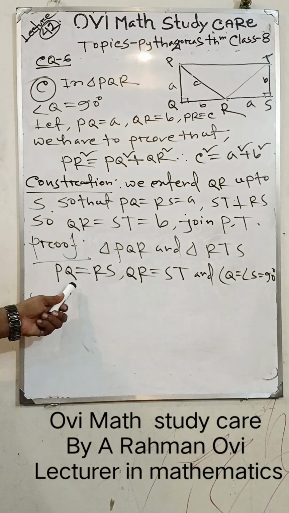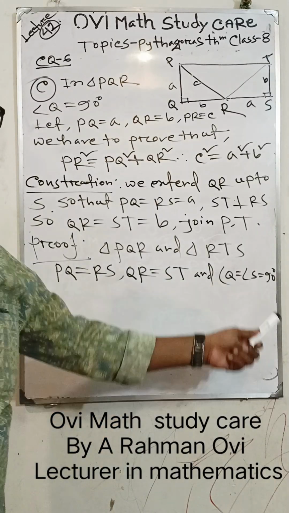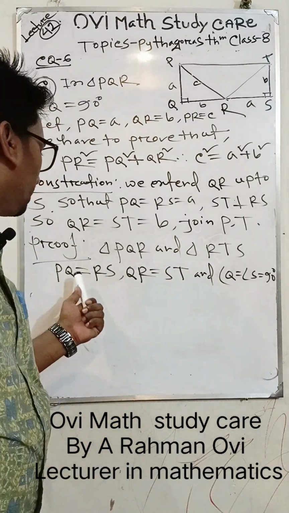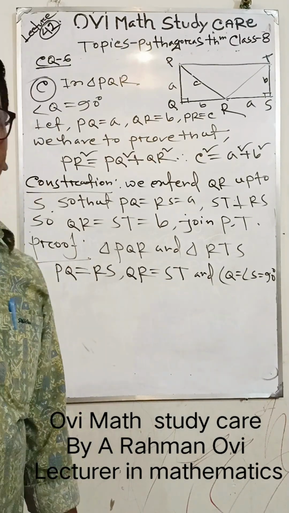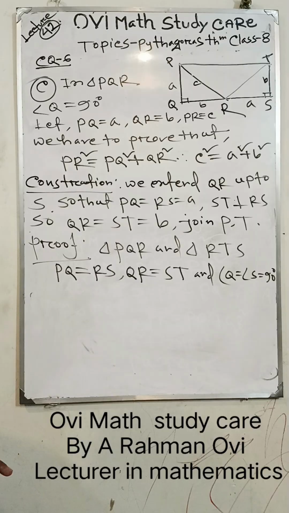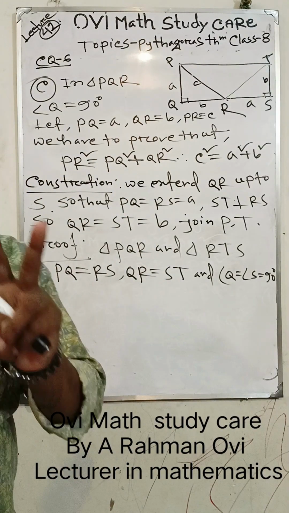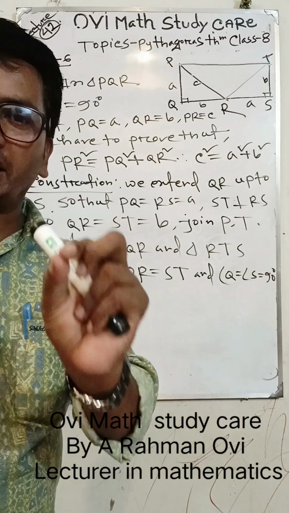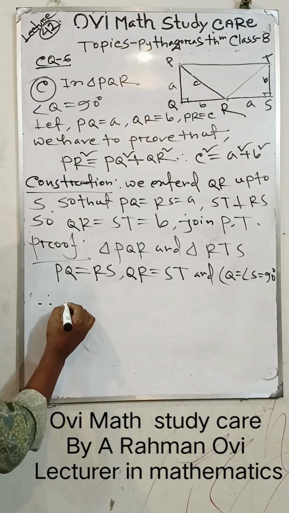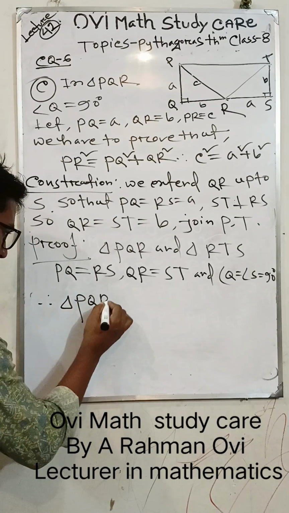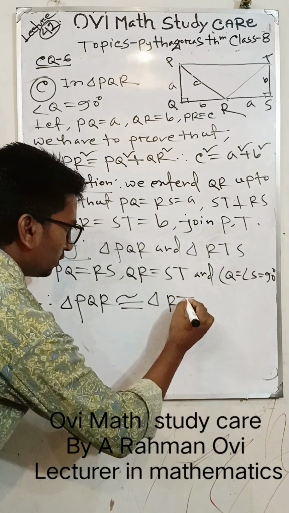So we get two sides equal and one angle equal, that means SAS, side angle side. We know that between two triangles, if two sides and the included angle are equal, the triangles will be congruent. That's why we can write triangle PQR congruent to triangle RTS.